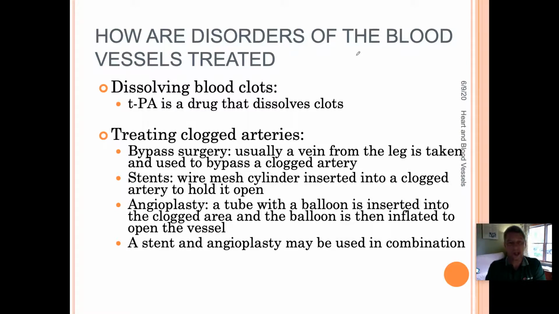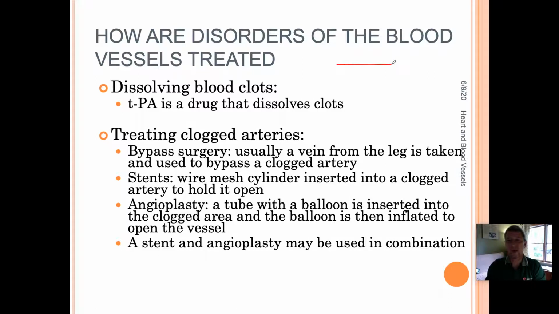Clogged arteries can be treated in a number of different ways. We can have bypass surgery, and typically what they do is they take a vein from another part of the body, usually the leg, and bypass the clogged artery.